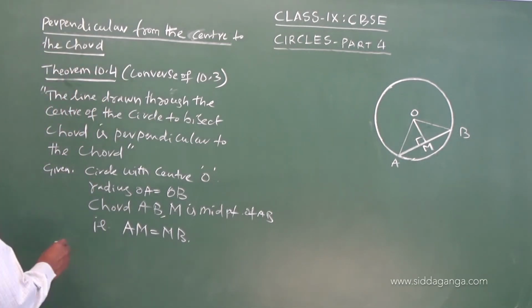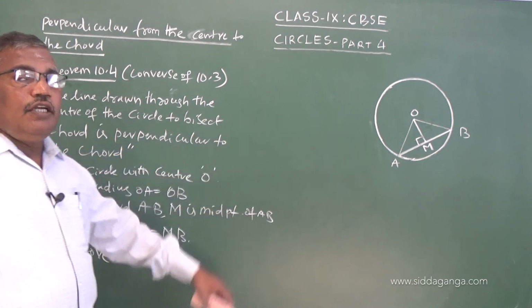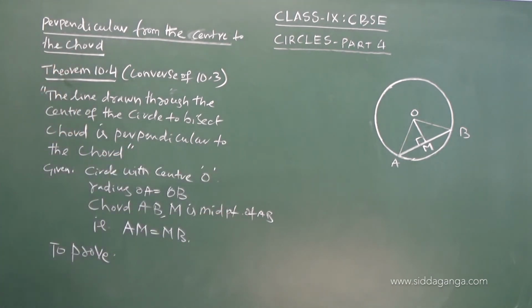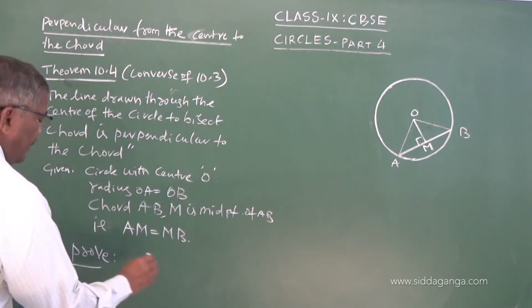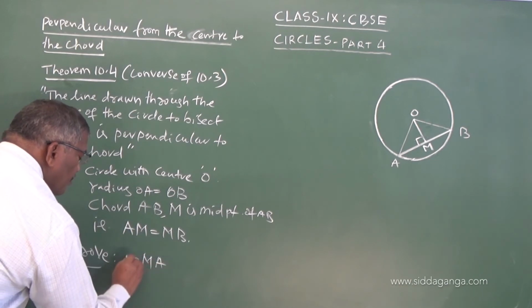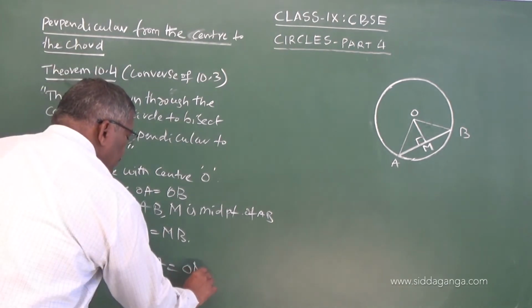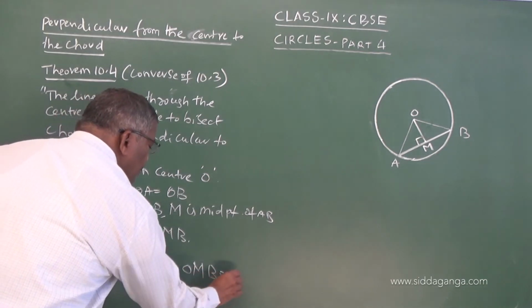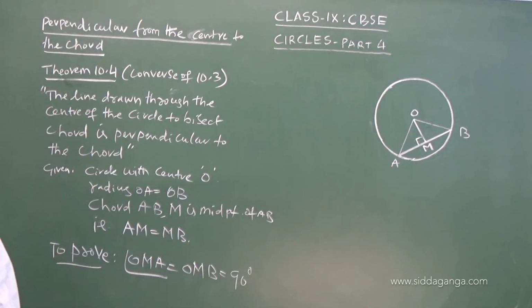To prove: perpendicular, that means angle OMA equals OMB equals 90 degree. This we have to prove.